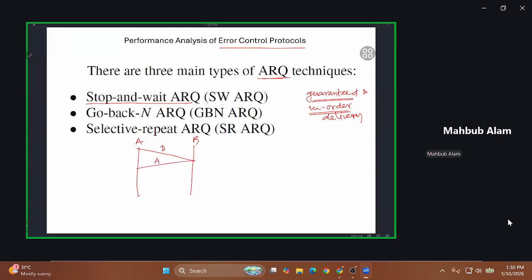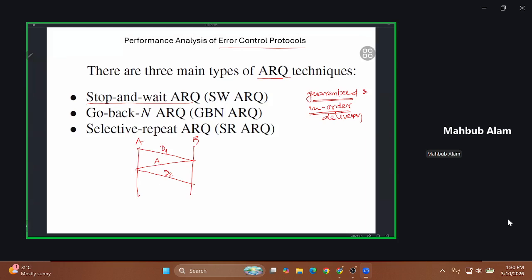Only when the acknowledgement is received does it send the next packet. So D1 is here, D2 is here. Unless an acknowledgement is received by sender A, it is restricted from proceeding further. So it has to retransmit data packet 1 and repeat that again and again until it is received. So both guaranteed and in-order delivery is there.